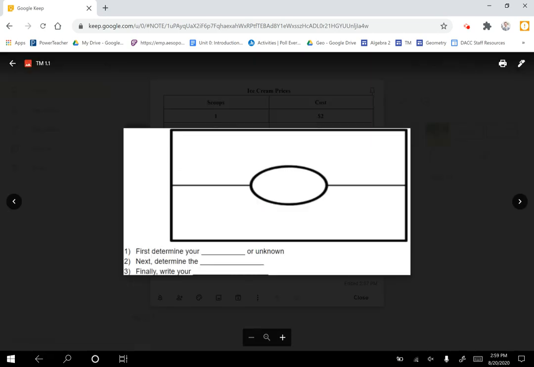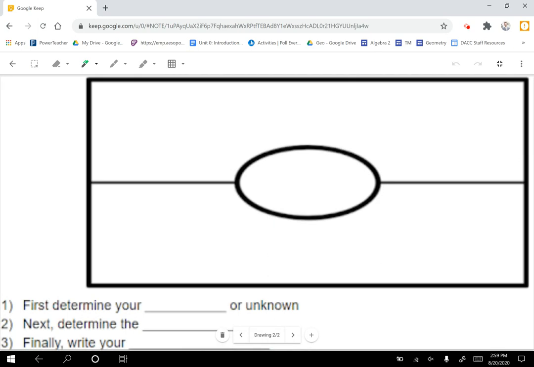So our definition for today, we are looking at expressions. So write expression as the word.